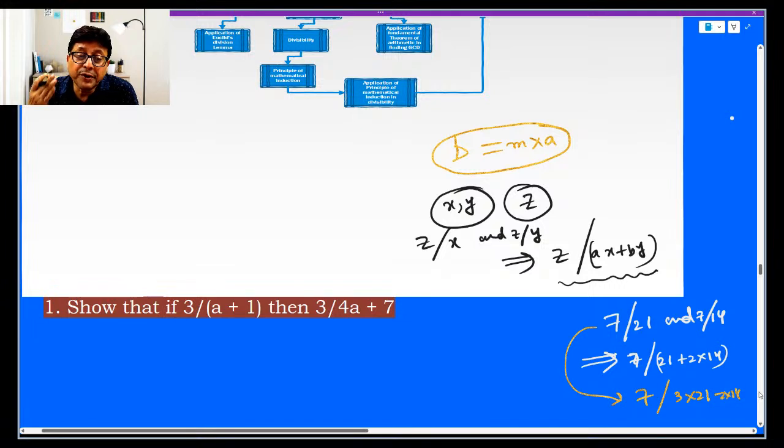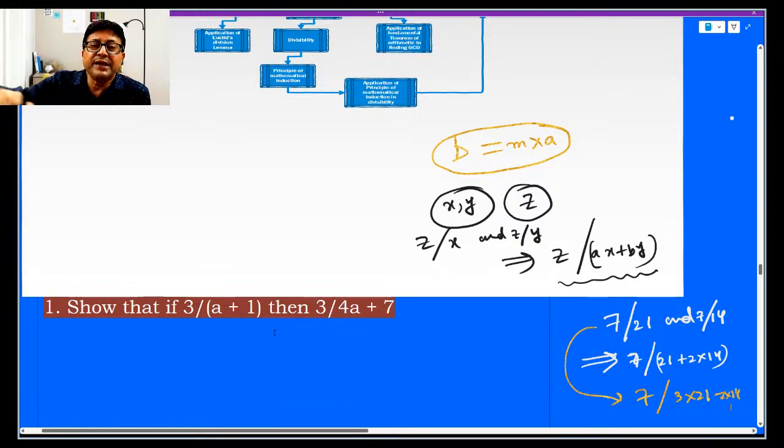I am going to show you some problems which can be done without using any theorem, any lemma, just by using your common sense and remembering the meaning of divisibility. So let us start with the first one, where you have to prove that the number 3 divides 4a plus 7 if 3 divides a plus 1. a is an integer.